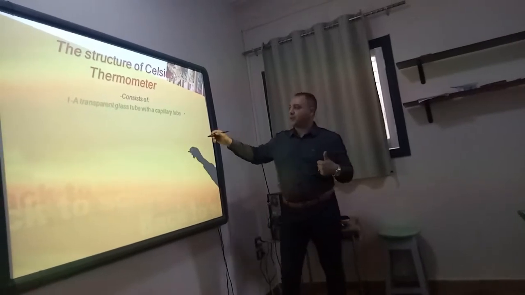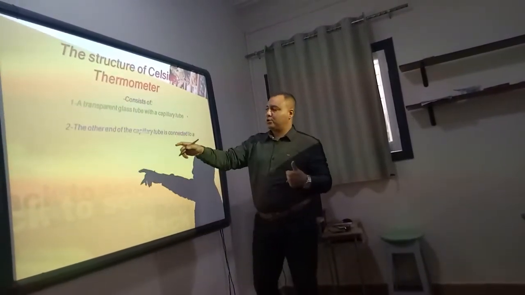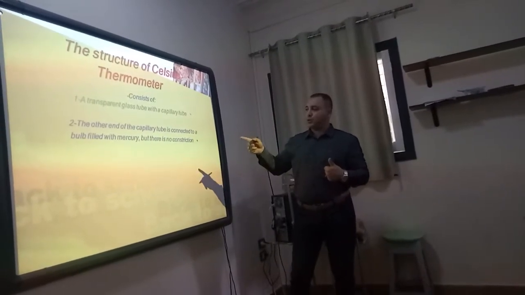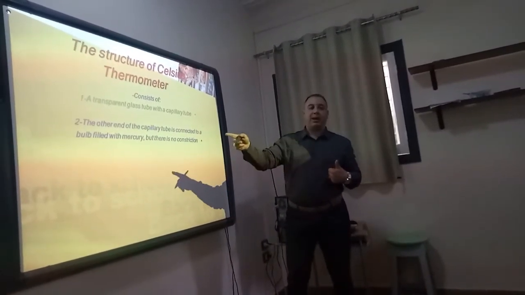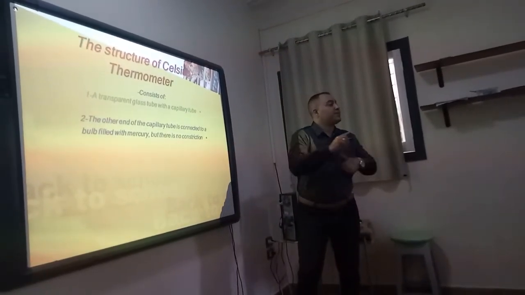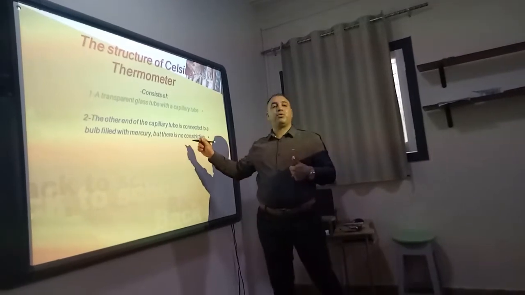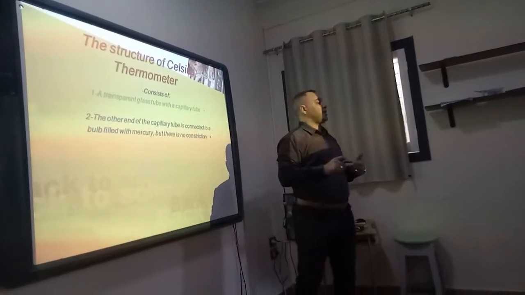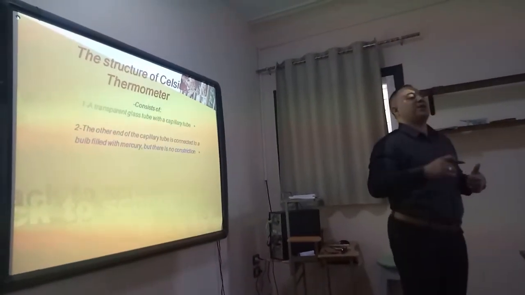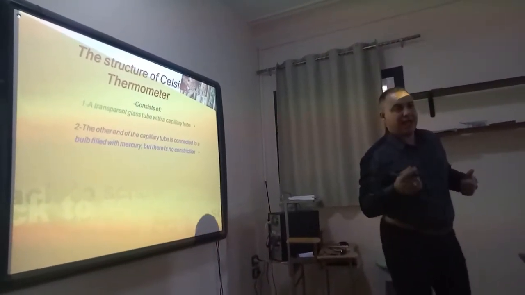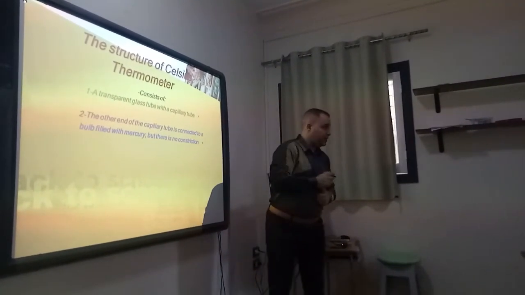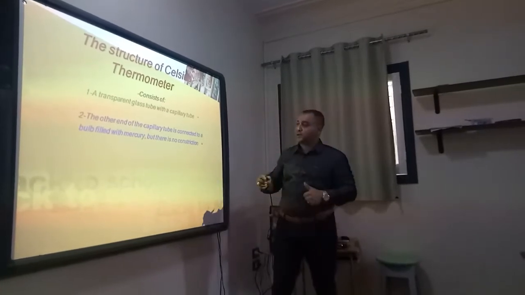Number two, the other end of the capillary tube is connected to a bulb filled with mercury, but there is no constriction. This is important information in the Celsius thermometer, which distinguishes it from the clinical thermometer: the Celsius thermometer has no constriction.